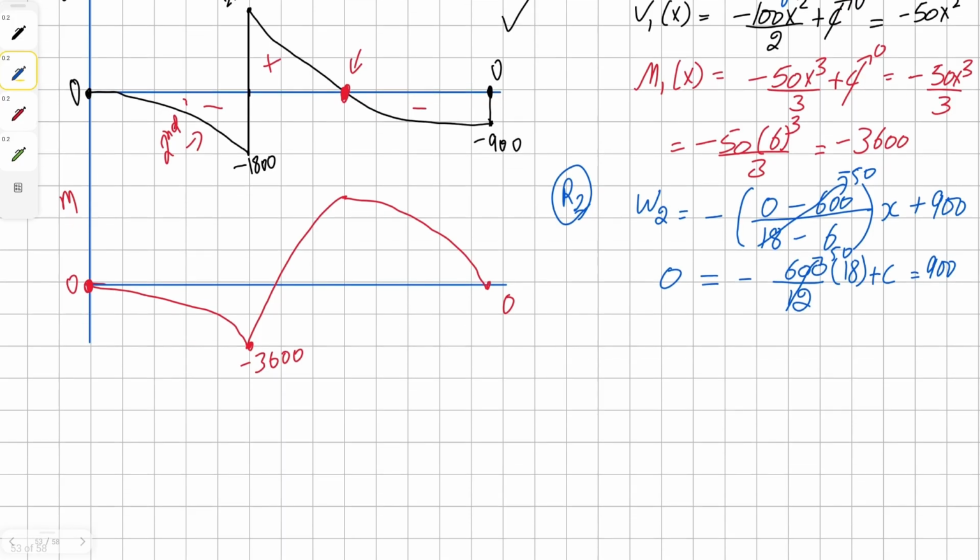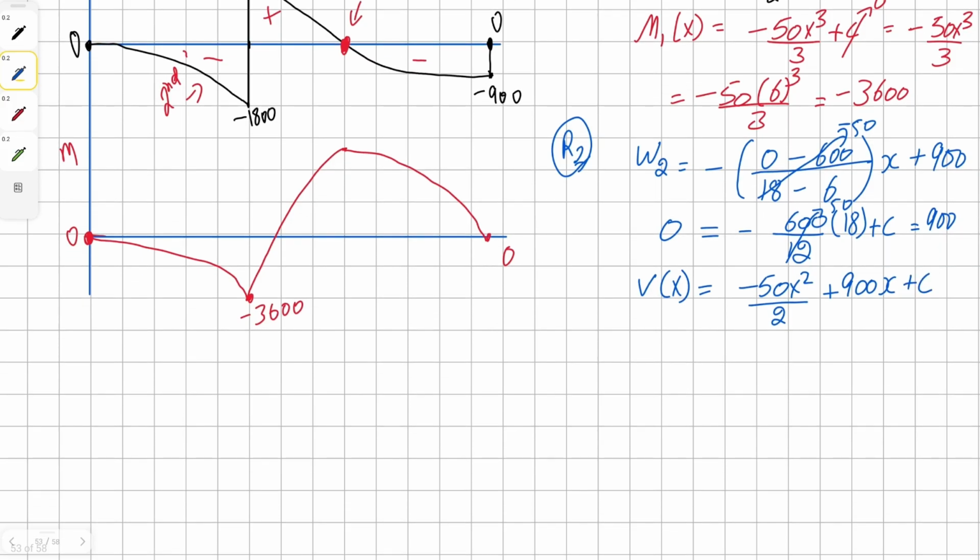Alright, so now we can take the integral of the load equation to find our shear equation. So we're going to have negative 50x squared divided by 2 plus 900x plus the constant. And to find our constant, we know our shear is going to be negative 900 when x is 18.